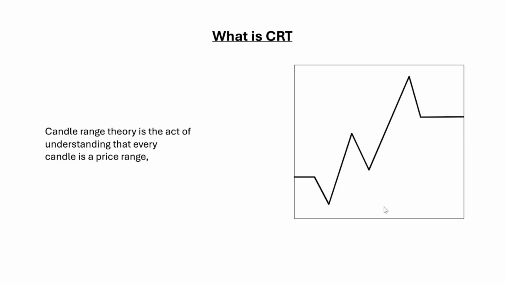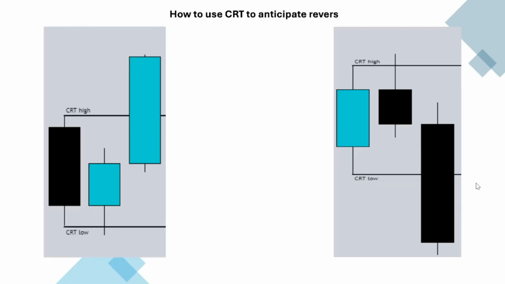So CRT is combining those candlesticks to anticipate the next candle's price movement. That's the whole concept of CRT, understanding the range of each candle to anticipate the next candle's movement. If price sweeps the previous day high or previous day low, you'll be anticipating price to trade to the previous day low or previous day high. So without wasting more time, let's move to the next slide.